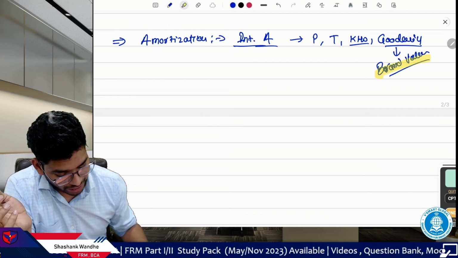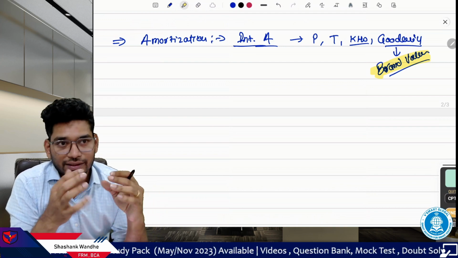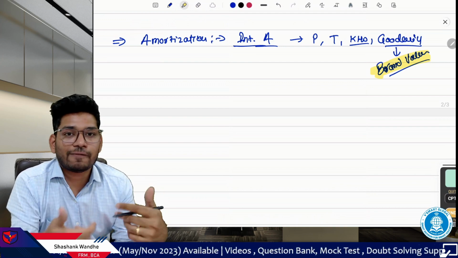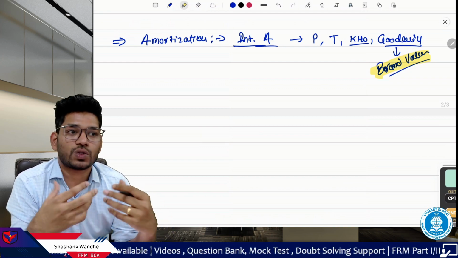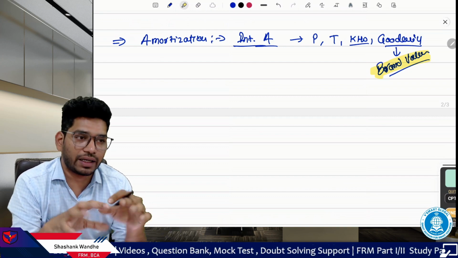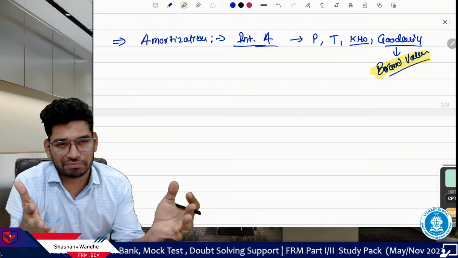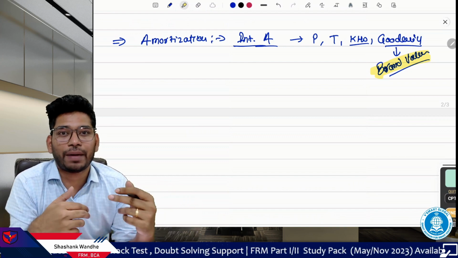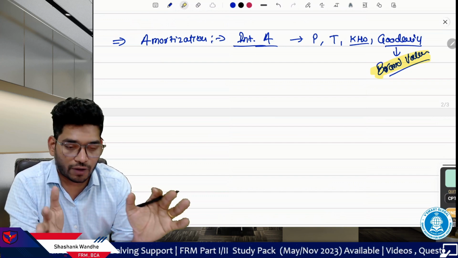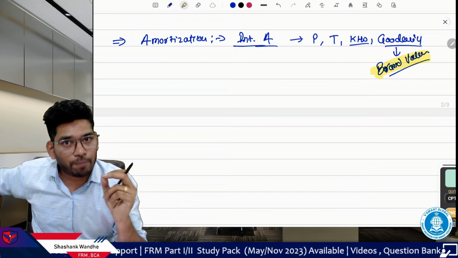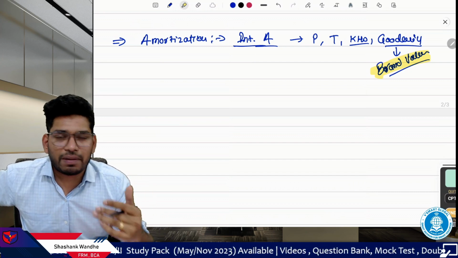Goodwill necessarily does not mean the brand value itself. There are two types of goodwill. The first is self-generated goodwill, and the second is acquired goodwill. What happens is, say, I'm acquiring one particular company, the net worth of that company is, say, $1 million, and I'm paying 1.2 million for that company. Now that 0.2 extra which I'm paying may be for my own reasons.